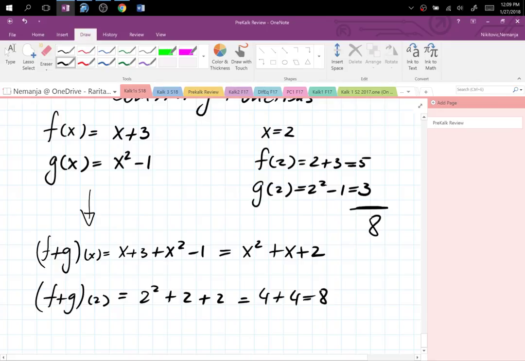It has to click that way like a jigsaw puzzle. It doesn't matter if you compute each function individually and then you add, multiply, divide those answers, or you combine the functions algebraically and then compute the number. You have to get the same thing.